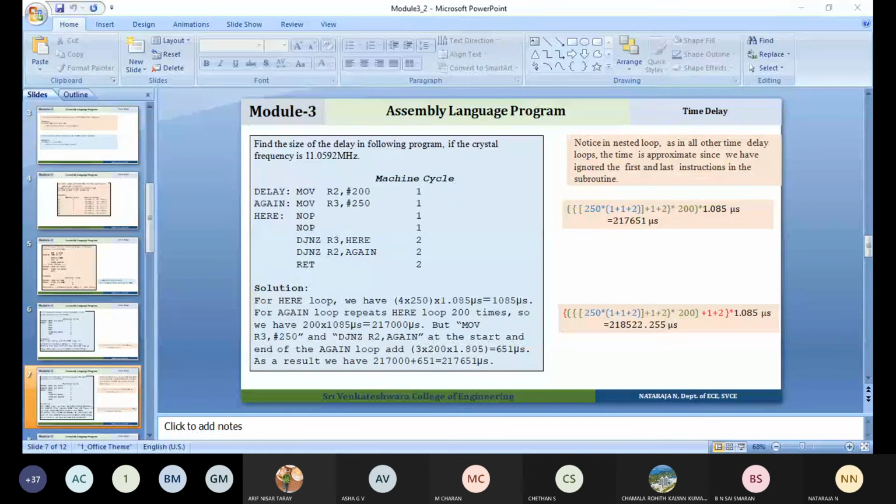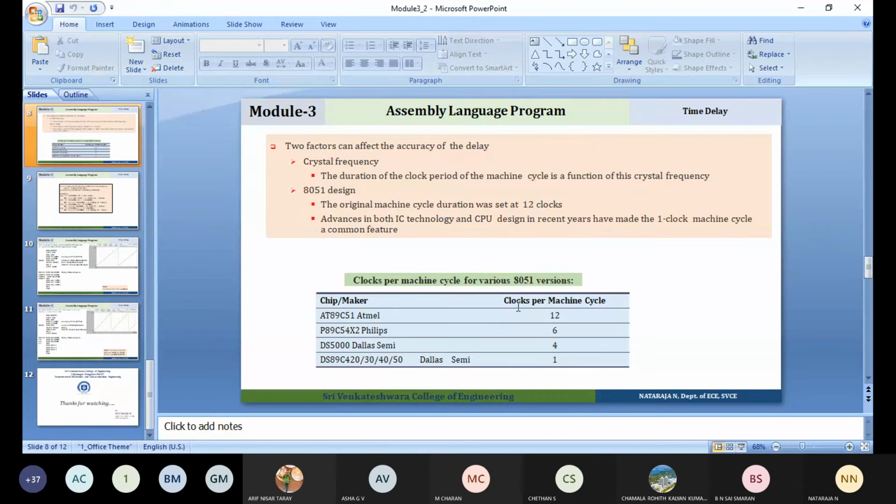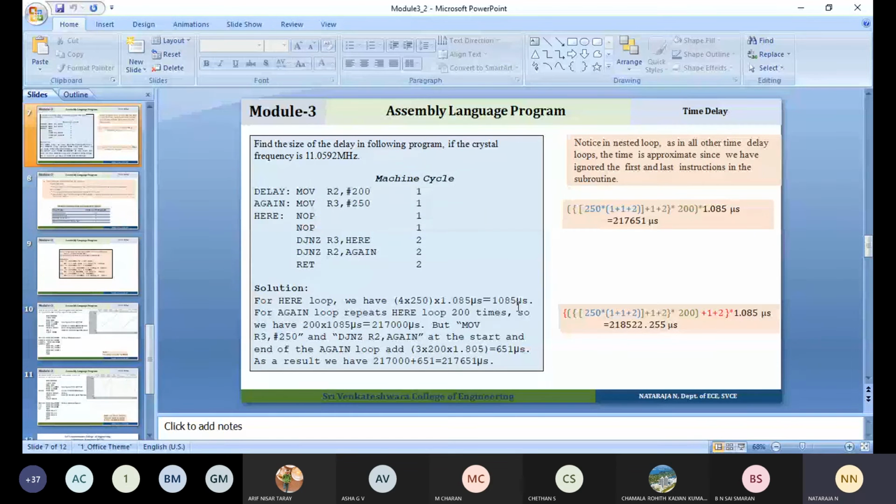Any doubts? No, sir. See, in this module you can expect all problems in the exam.